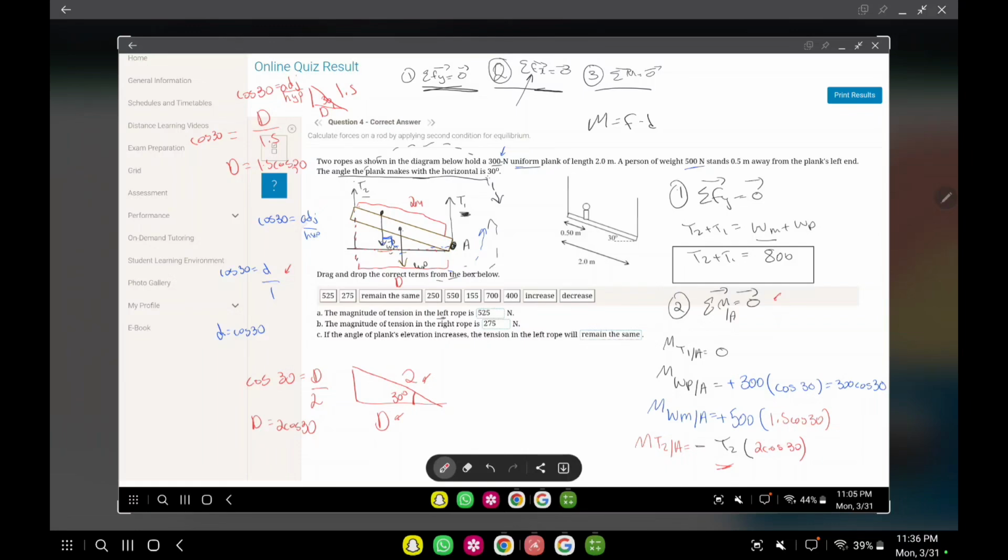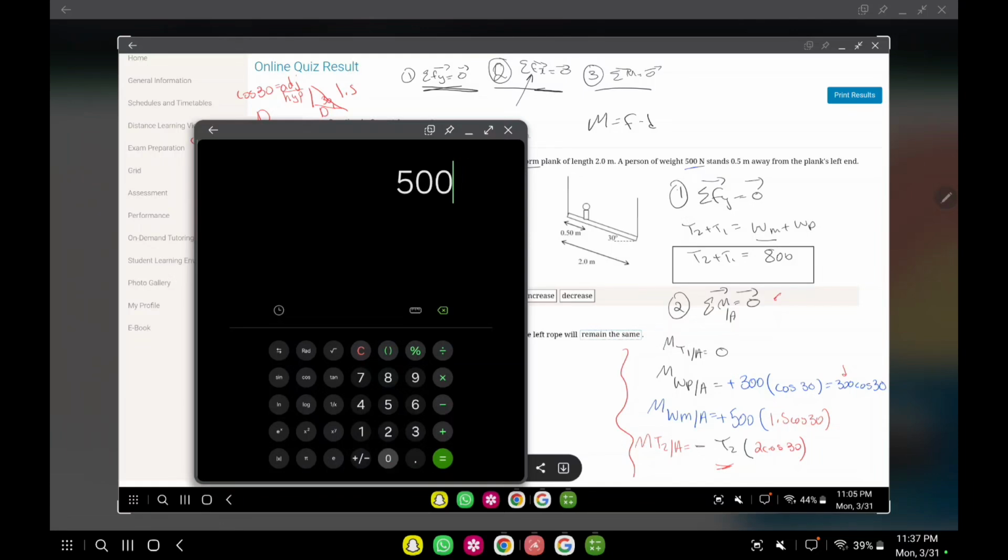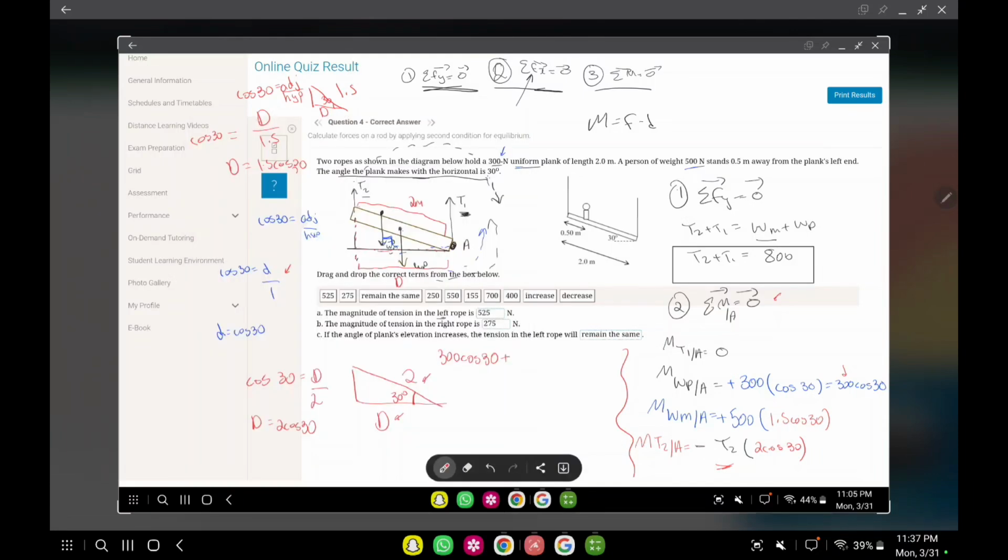So let's add them up. 300 cosine 30 plus 500 times 1.5. How much is 500 times 1.5? 750 cos 30 minus 2 T2 cosine 30 equals 0.